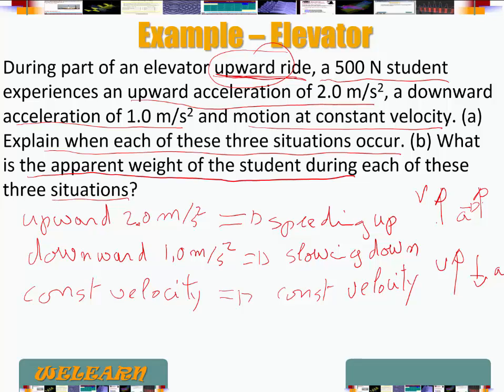Okay, now to think about the apparent weight, we need to think about what's going on here. So this is the person, the student, inside the elevator. What are the forces acting on the person? The forces acting on the person, no matter how the elevator is moving, are the gravitational force due to the earth pulling down on that person, and the normal force exerted by the floor of the elevator on the feet of that person.